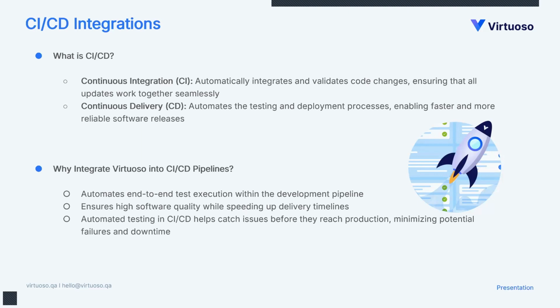How do we do it? We can have our own regression suite identified for this, or we can have a sanity suite identified for this. There are multiple tools available in the market right now to support CI/CD, and I'm going to give a very brief demonstration using one of them. And with Virtuoso, it's a very simple process.